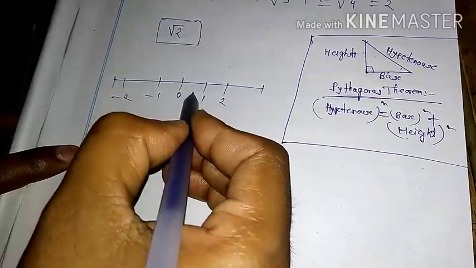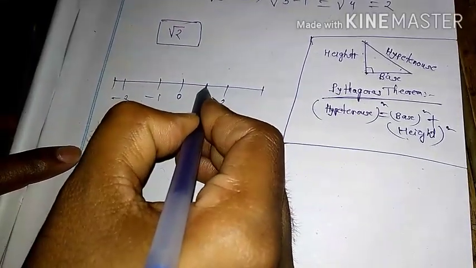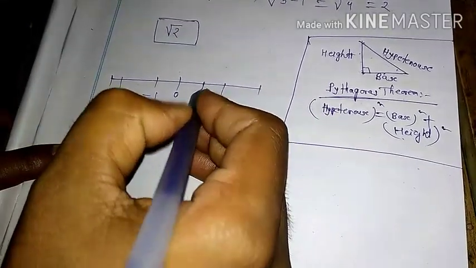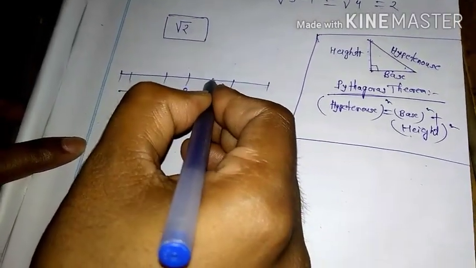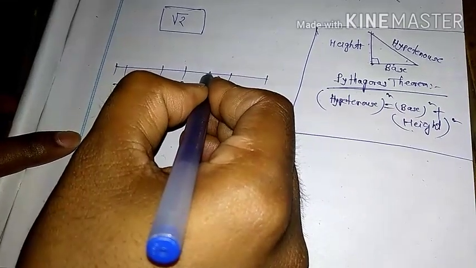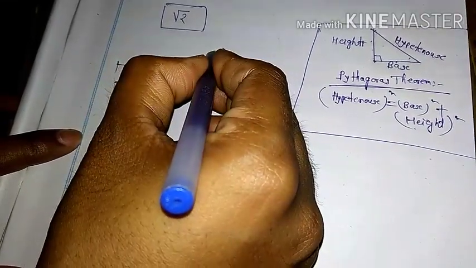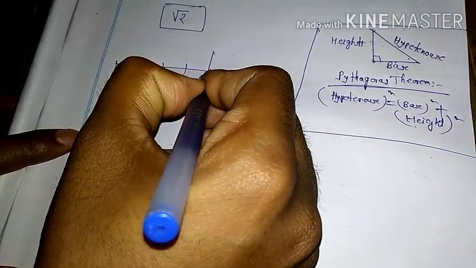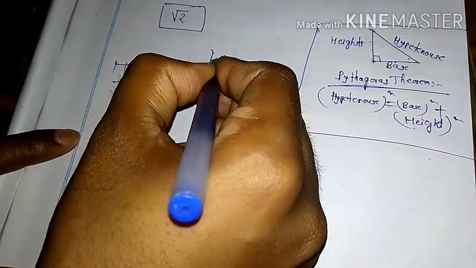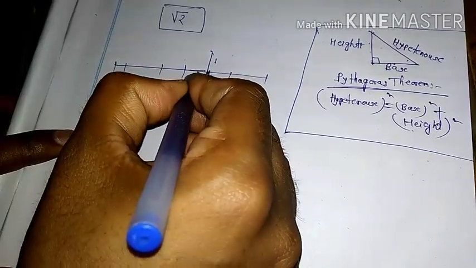First locate 1. Now draw a perpendicular at this point of length 1. So this is also 1 and this is 1.